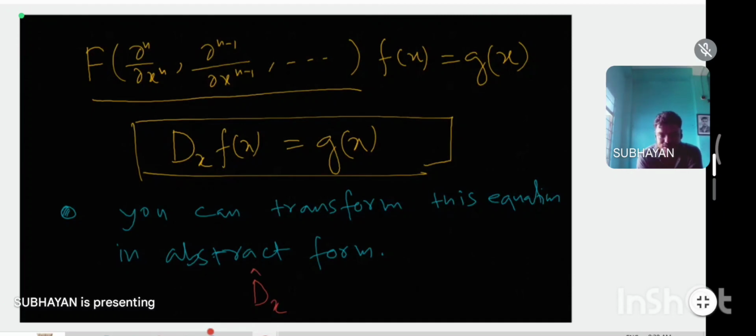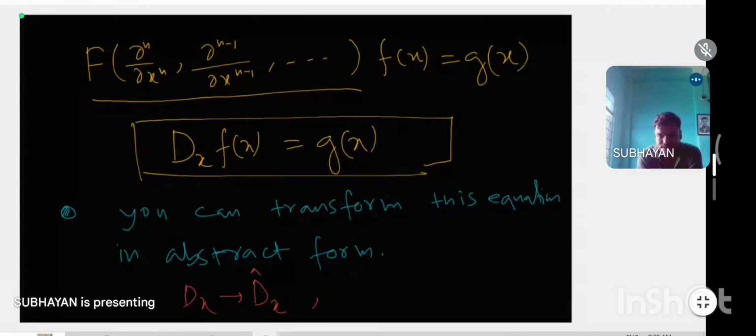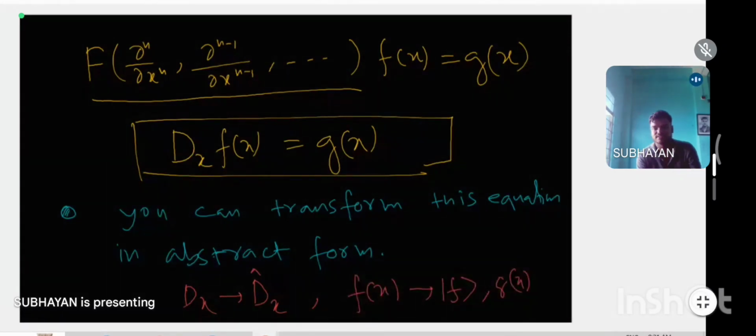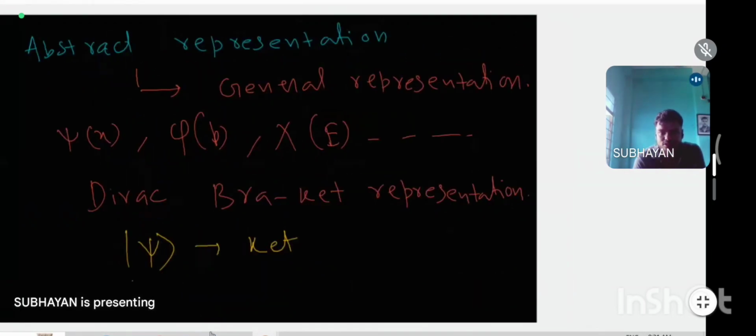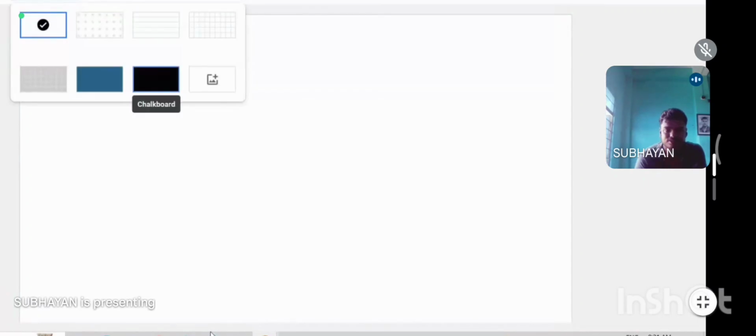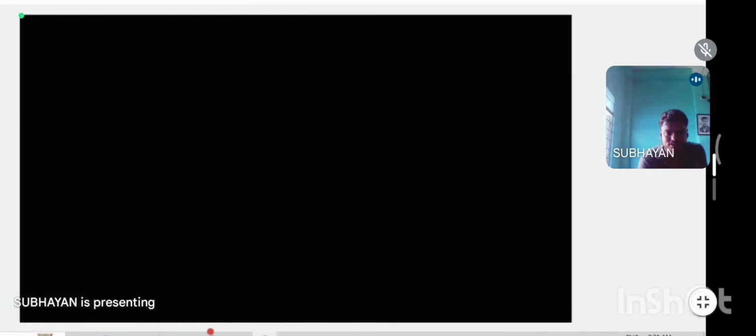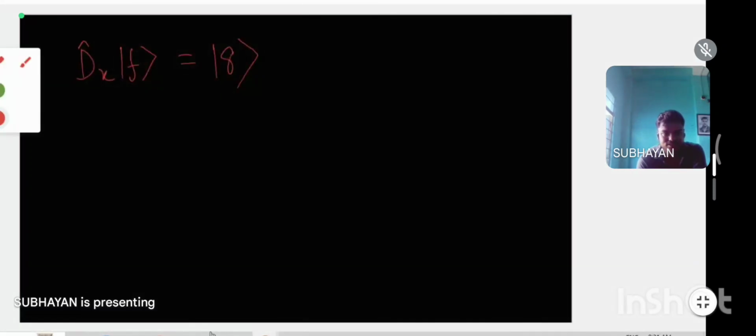So dx will go to dx cap, fx will turn into ket f, and gx will turn into ket z. This is the transformation you can do to represent it in the abstract notation. So here, dx cap of f equals z. The equation has been taken into the abstract notation.